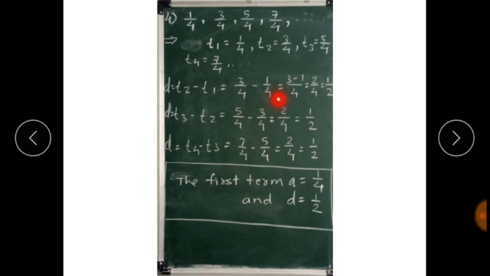Here the denominators are the same, so carry out the subtraction between the numerators. 3 minus 1 upon 4 is equal to 2 upon 4, which is equal to 1 upon 2. Similarly, T3 minus T2, which is 5 upon 4 minus 3 upon 4, is equal to 2 upon 4, which is 1 upon 2. Similarly, T4 minus T3 is also 1 upon 2. So the first term A is equal to 1 upon 4 and the common difference D is equal to 1 upon 2.